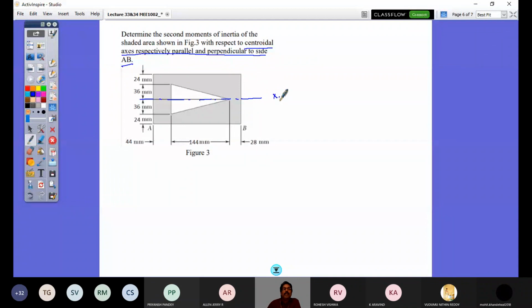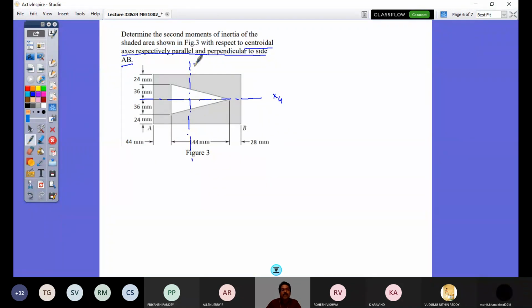The other one is not symmetry, so that would be from here at a distance. So let me take from point A some distance away. I have my YG axis, and that is not the midspan of AB because there is a triangular hole removed. So it will be slightly on this side. So this is my YG axis.